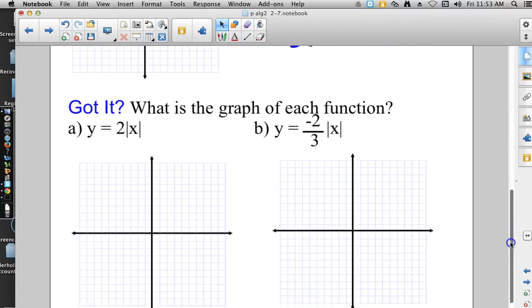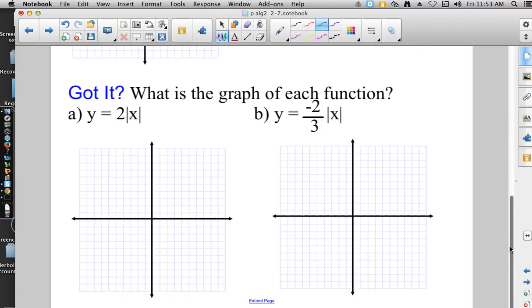Let's look at A. Does A have a new H and K? Are we supposed to move this right, left, up, down? No. There's no numbers inside the absolute value. There's no number hanging out in back. This is 0, 0 again. But what do I use for a slope of the right side? 2 over 1.